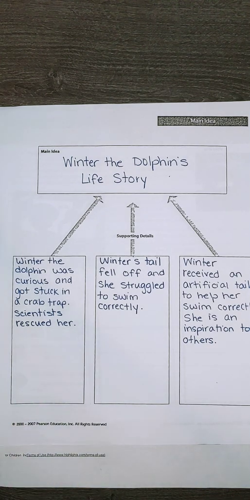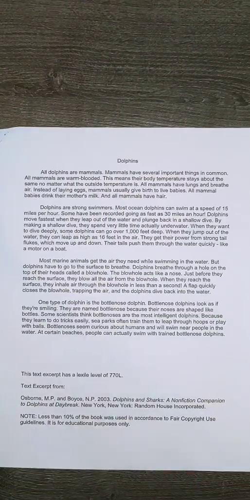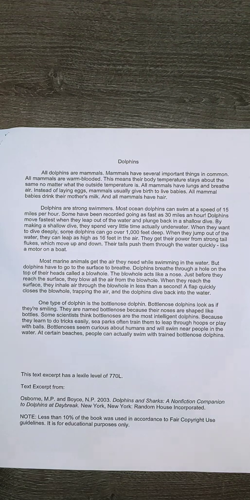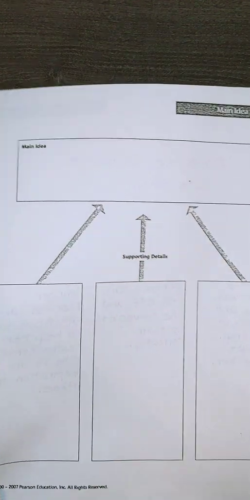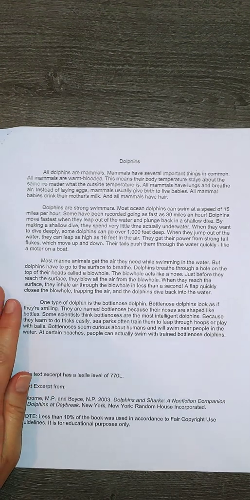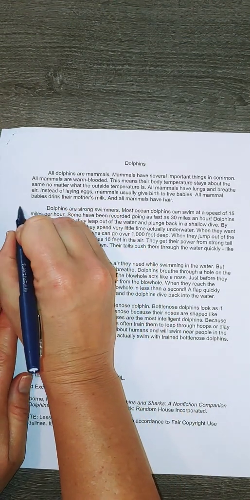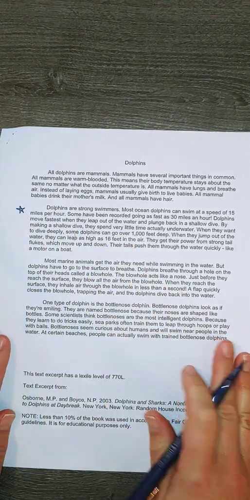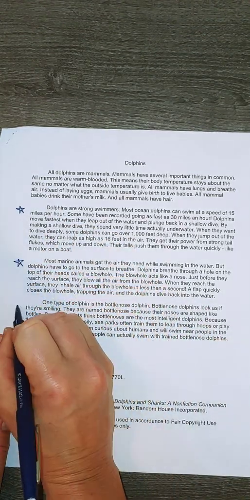Okay, so tomorrow you are going to do a different article. You guys are going to read the article Dolphins that's attached to your Winter one. You're going to read all about the different parts of a dolphin, and you're going to fill out your main idea and details. I'm going to give you a little hint when you do this. You're going to use this paragraph, and this one.